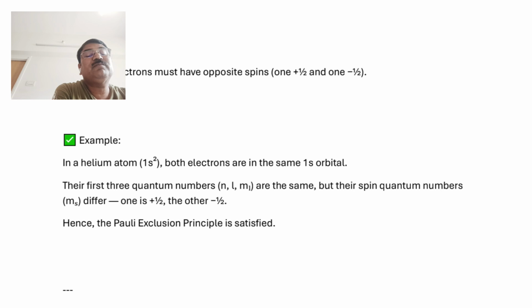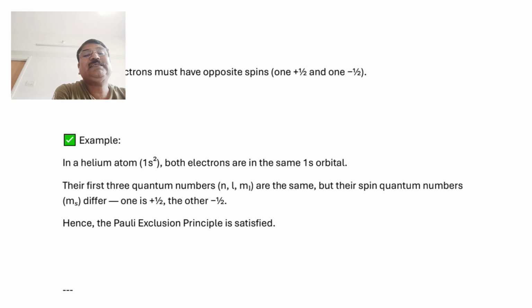But the fourth quantum number, the spin quantum number m_s, is different. One electron has an upward direction and the other electron has a downward direction. One electron has plus 1/2 spin, moving in a clockwise direction. The other electron has minus 1/2 spin, moving in an anti-clockwise direction. Hence, the fourth quantum number, spin, is different for these two electrons present in helium.